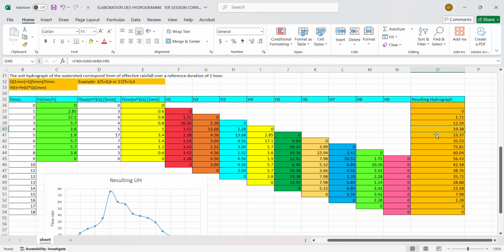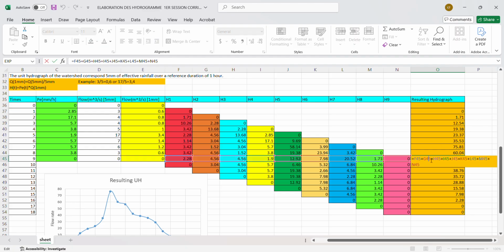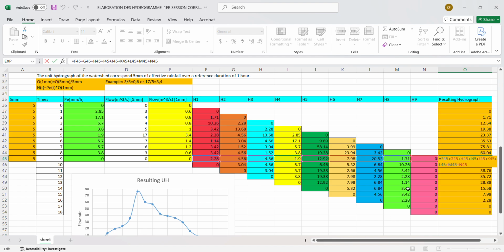You do the same. Let me take something like here, this value, to show you something also. At this value, when we do this, it is this times H1, times H2, times H3, H4, H5, 6, 7, 8, 9, and the value we find is like this.